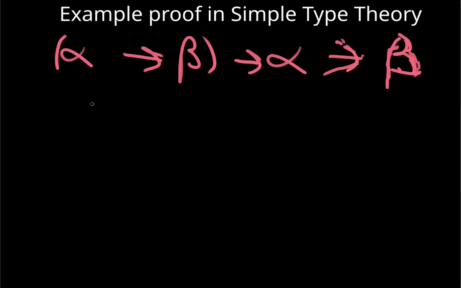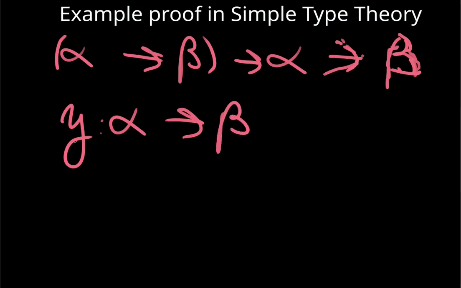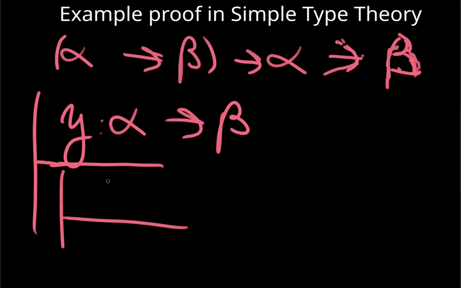So first of all, we're going to introduce a variable called y of the following type. Okay, you write it like this. So this is a flag, right? Then we introduce another variable called x, which is of type alpha.